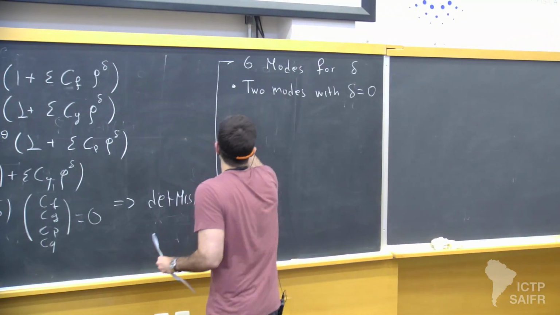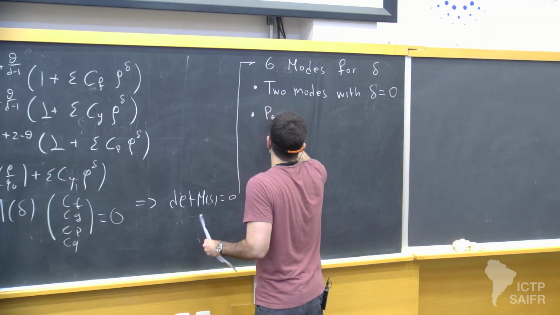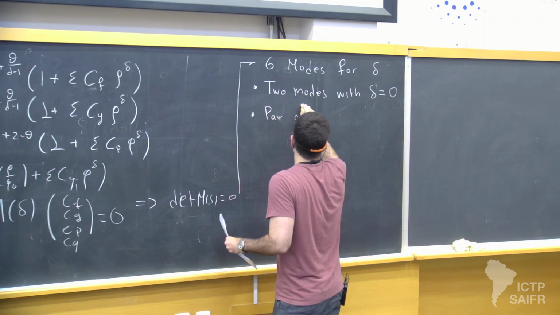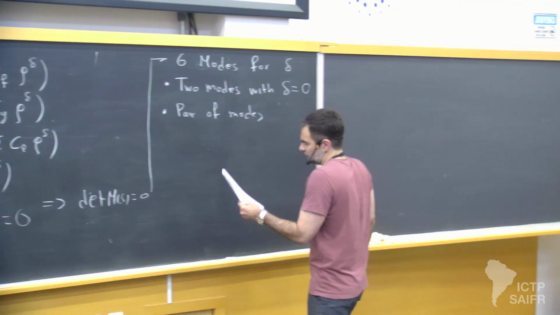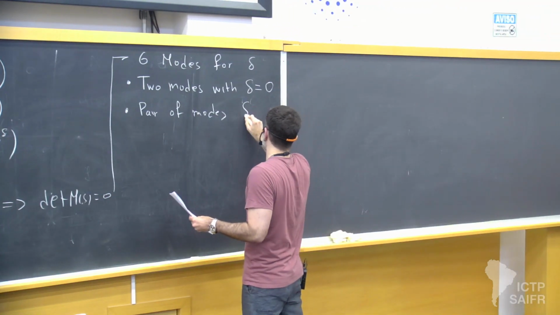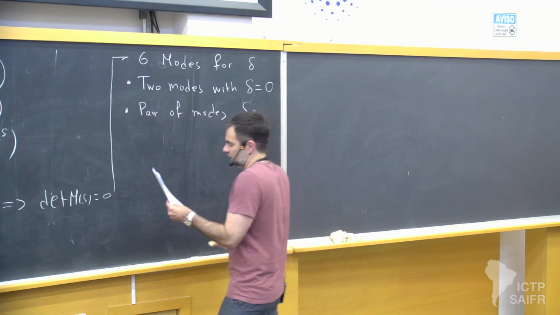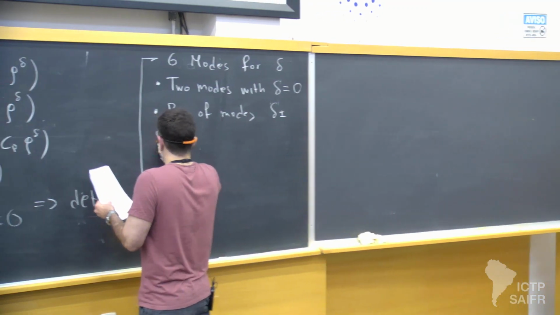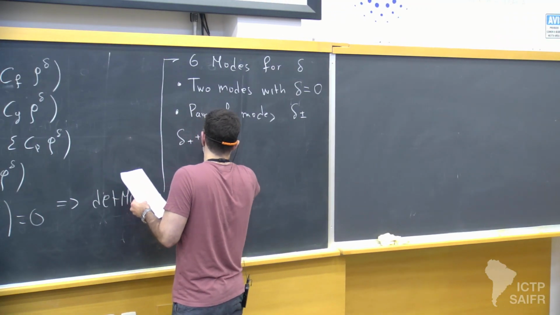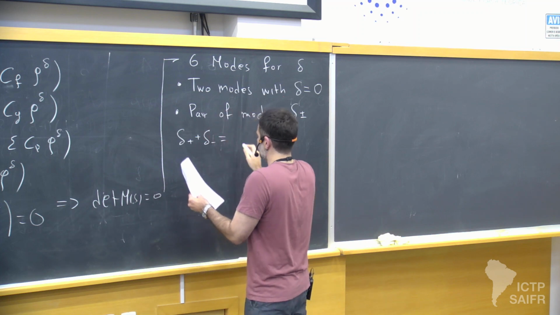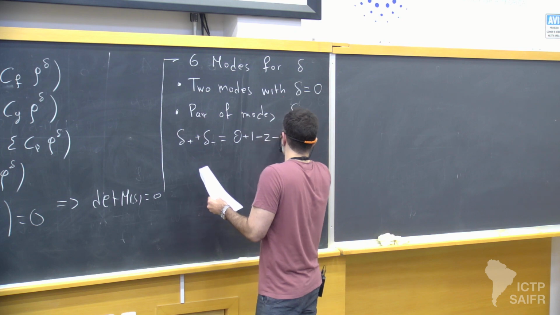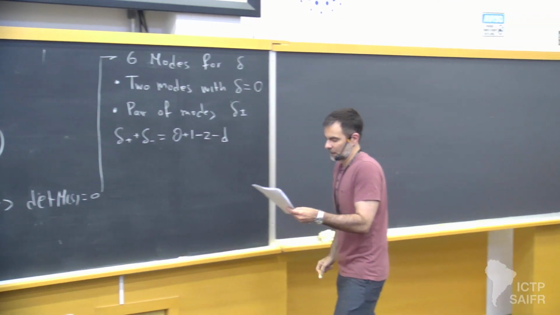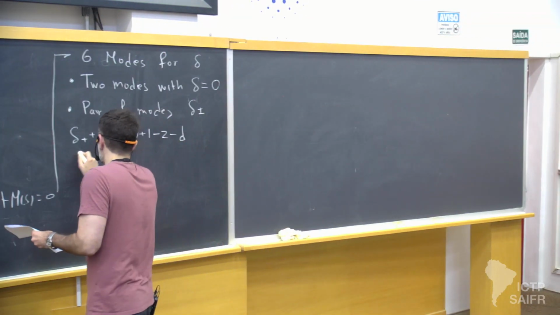Now, there is another pair of modes. And I want to call them delta plus minus. Okay? So those 2, the exponents of those 2 modes add up to theta plus 1 minus z minus d. And they can also be written like this.